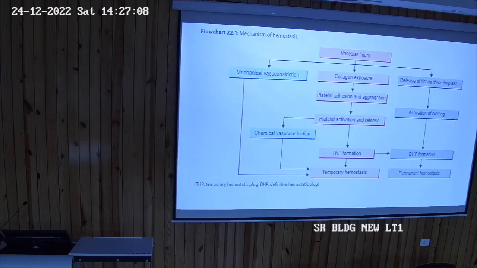For vasoconstriction to take place, there are different sources. One of the sources is when the vessel gets damaged, okay, then there is exposure or damage to the endothelium lining. Endothelium releases endothelin. This endothelin goes to the myocytes, okay, then these myocytes will be responsible for the vasoconstriction. Clear? Another mechanism is that in the muscular layer there are nociceptors present.